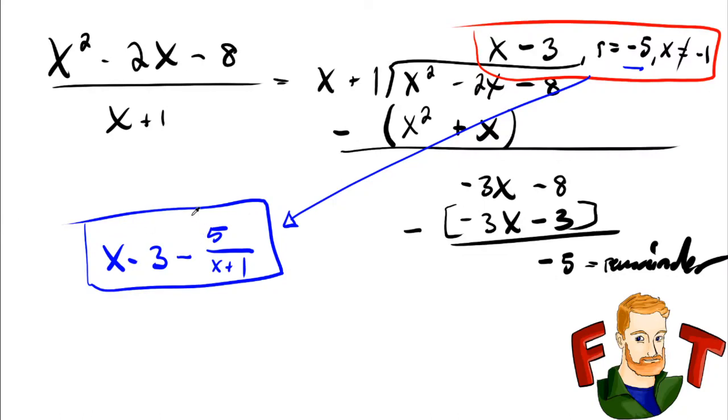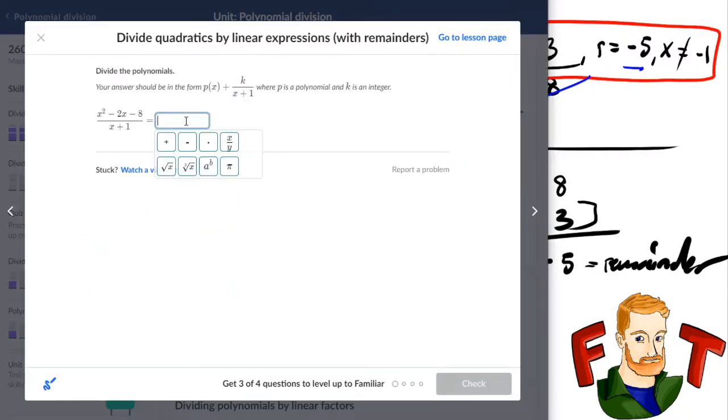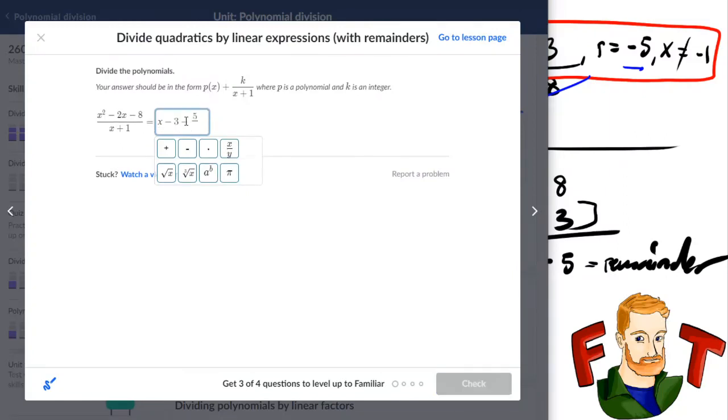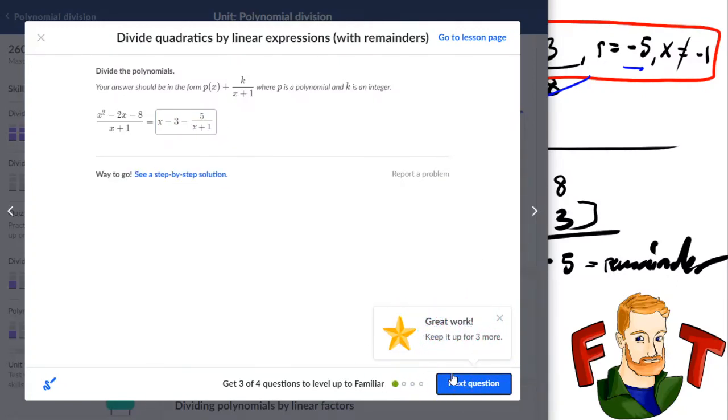X minus 3 minus 5 over x plus 1. And we got it right.